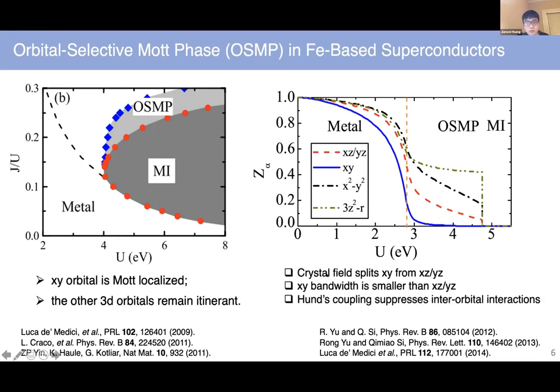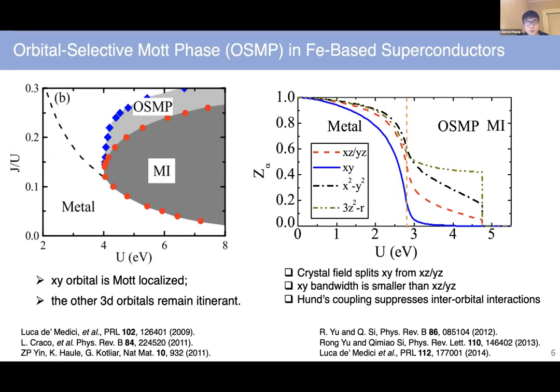Three conditions are needed to realize this OSMP state. First, we need the crystal field to split the XY from the XZ and YZ orbitals. Then the XY bandwidth needs to be smaller than XZ and YZ without considering the electron-electron interaction. Third, we need a Hund's coupling to suppress the interorbital interactions so that the different orbitals cannot talk to each other.